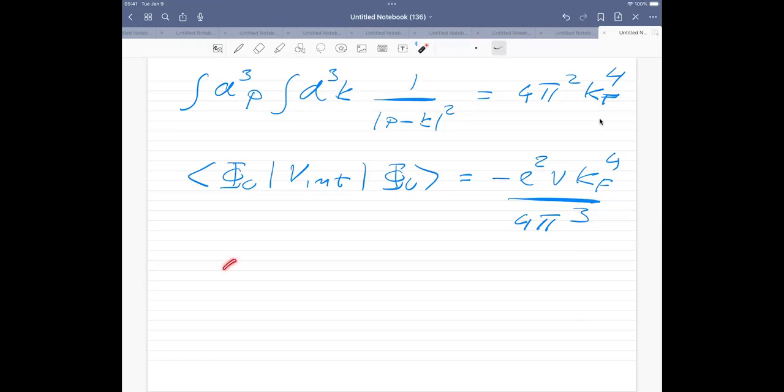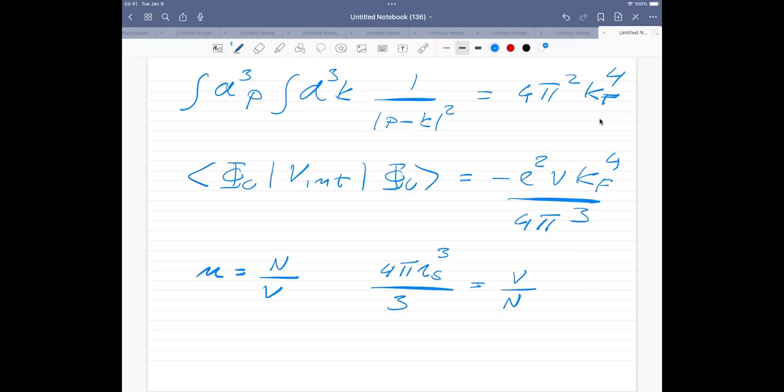So we defined this density, n, is now given by the number of electrons divided by the volume. We also had introduced this radius of a sphere, which every electron occupies. So we define this volume, 4 pi Rs cubed divided by 3, is now given by the volume divided by the number of electrons.